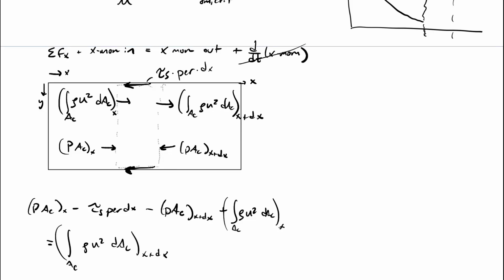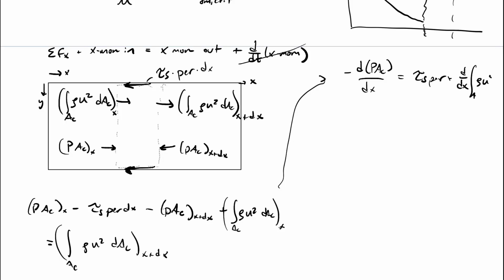So here, if we rewrite this, we end up with minus the differential of P Ac dx is equal to tau s times the parameter plus d dx of the area integral of rho u squared dAc.